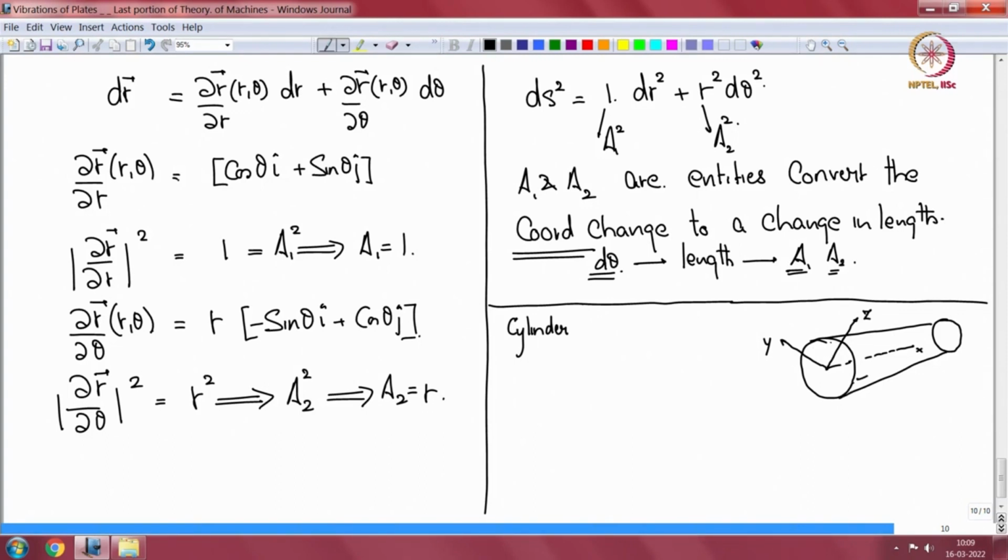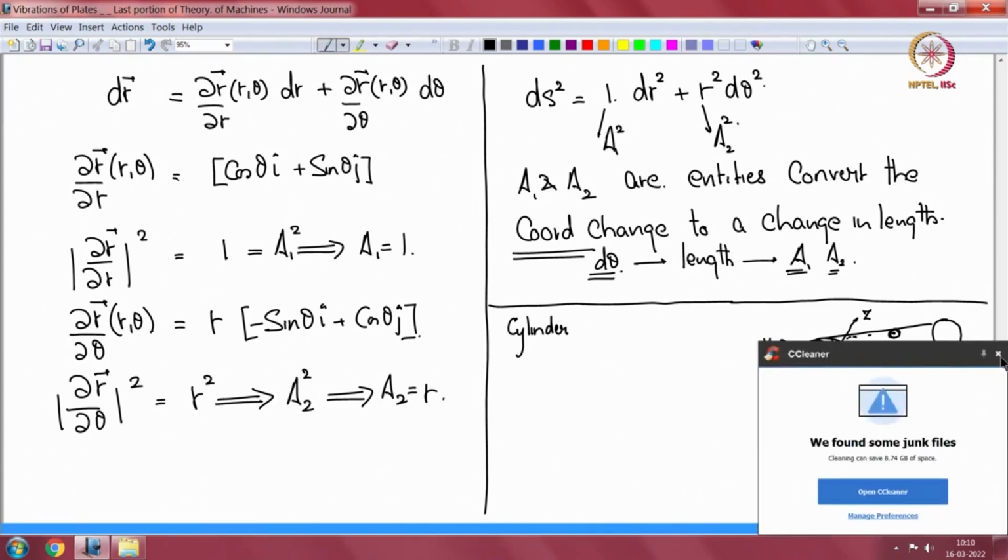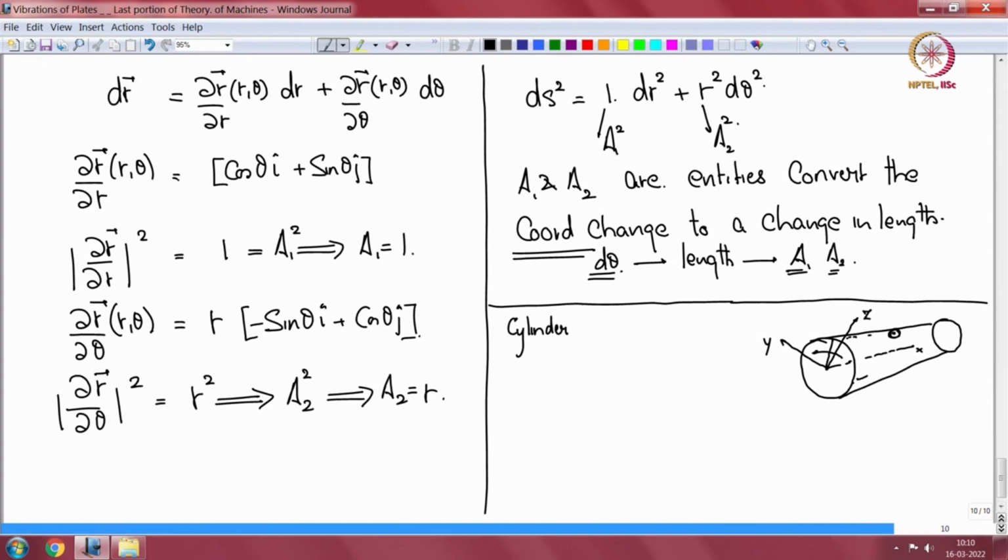Then I want to look at a point here which is somewhere here on the shell. This is the point I want to describe. And I'm going to measure theta from here. Theta is measured from the z axis towards y.